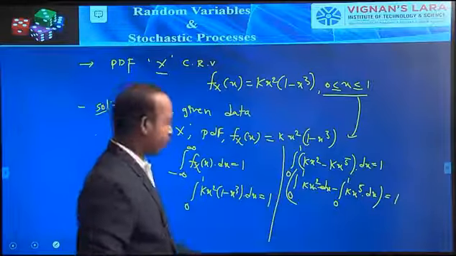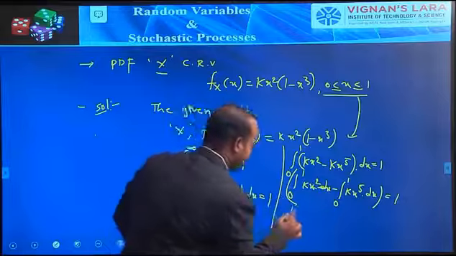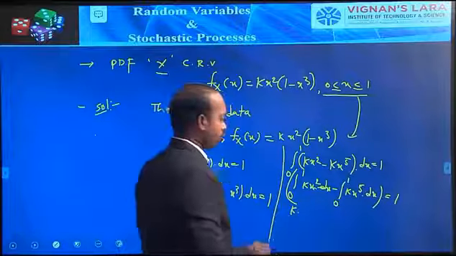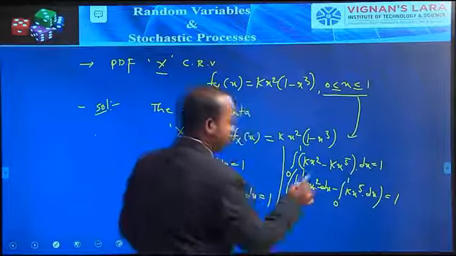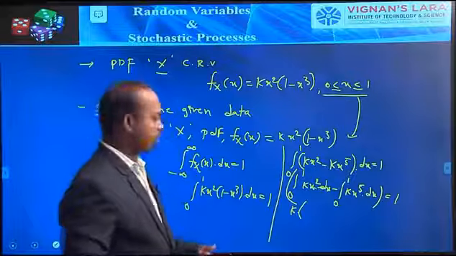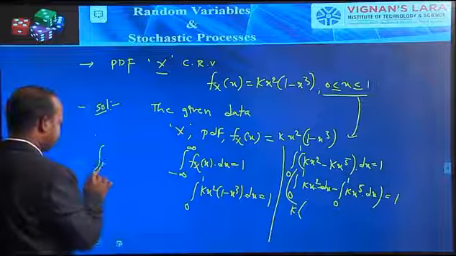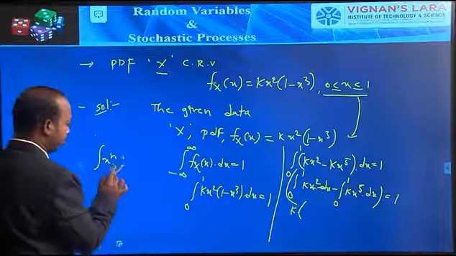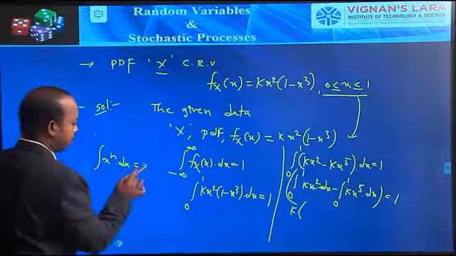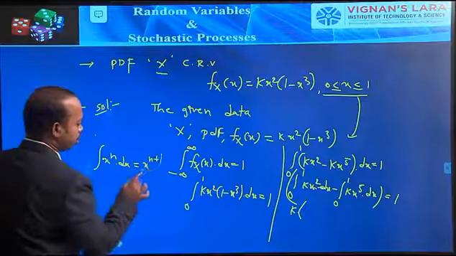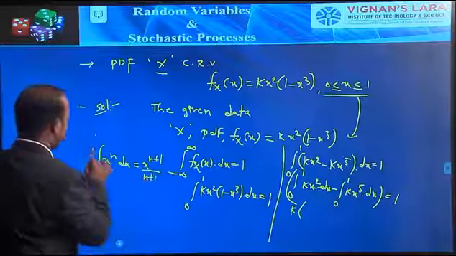Now apply the integration. k is a constant, so you can write it outside. The remaining elements are x square and x power 5. The formula is the integral of x power n dx is x power n plus 1 divided by n plus 1.